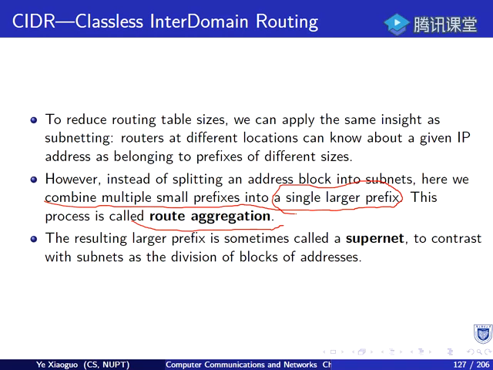So the routing table contains a single larger prefix for multiple small prefixes, and the routing table size can be reduced.